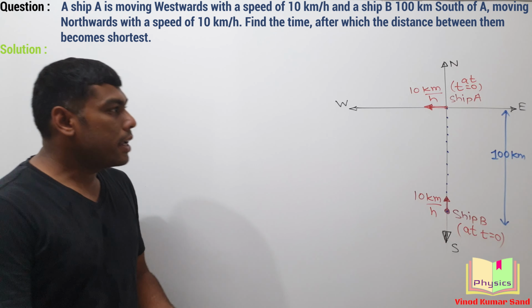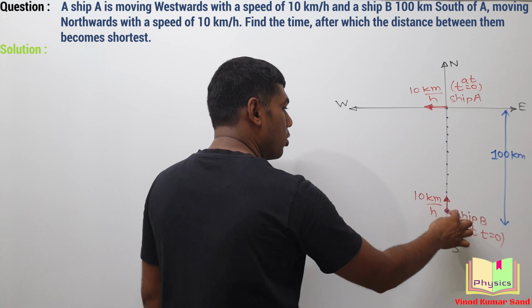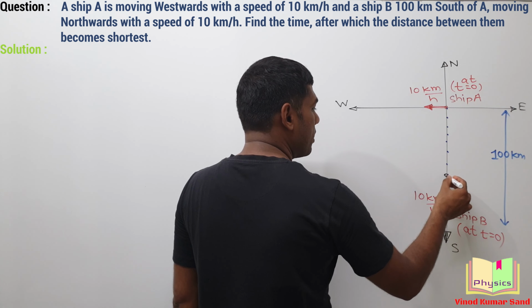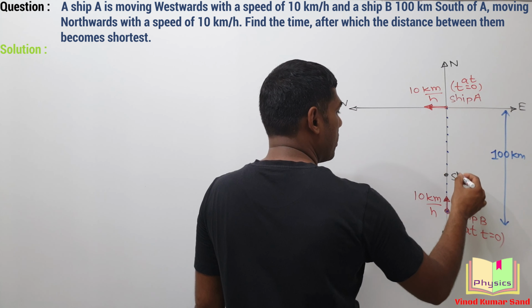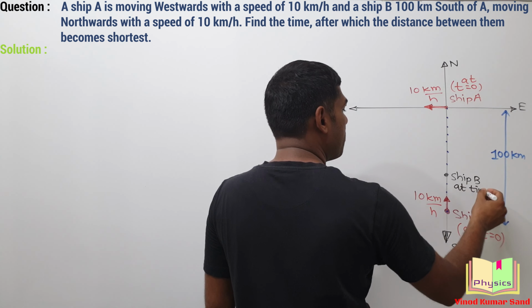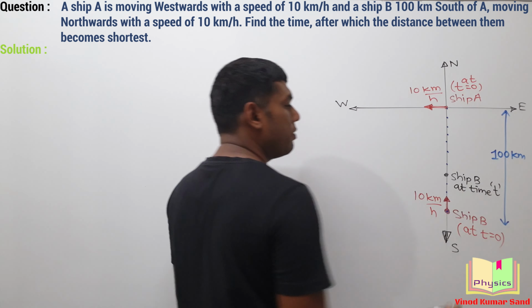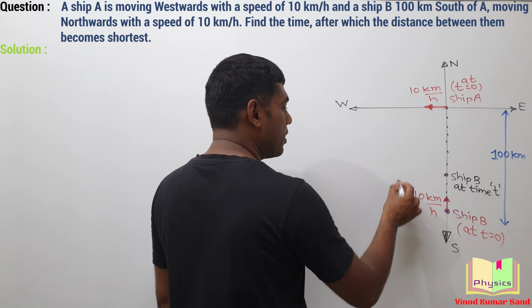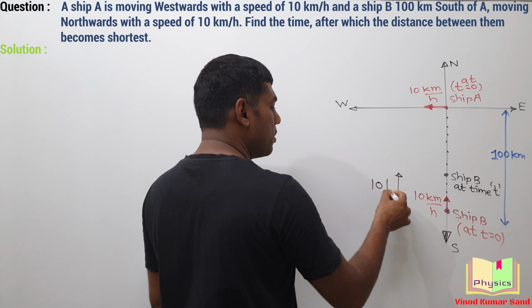Agree. The initial distance at t equals 0 between them is 100. After some time, let's say ship B reaches here. This is the location of ship B at time t. This t we are taking in hours. So ship B has traveled this much distance: speed into time.